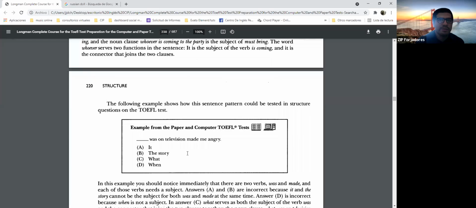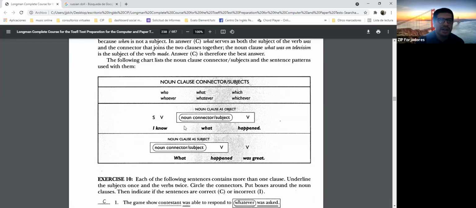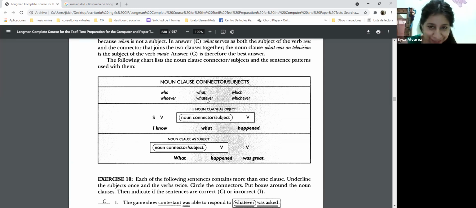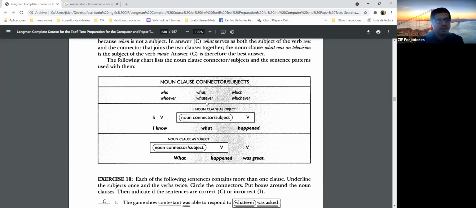Who is a noun clause connector subject. Whoever, what, whatever, remember what and whatever could be in both, and which and whichever are only here. Who, what, which, whoever, whatever, whichever are the only ones that you can use as connectors and subjects.